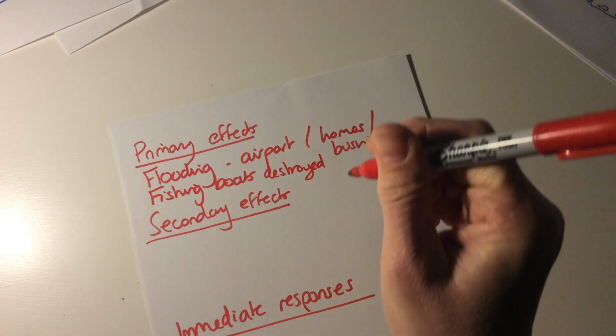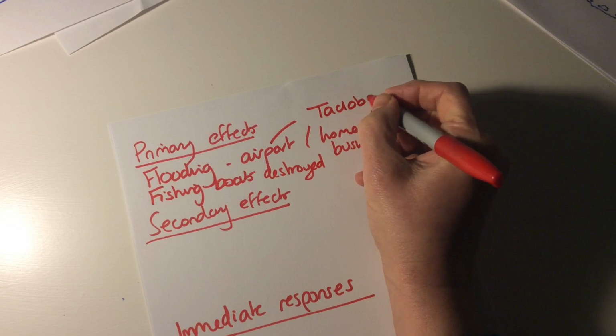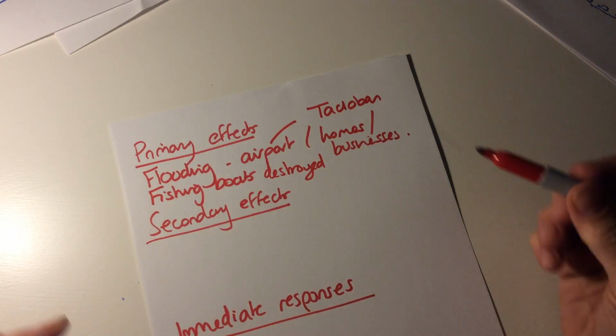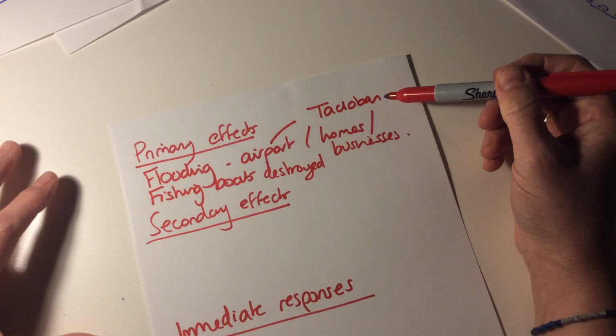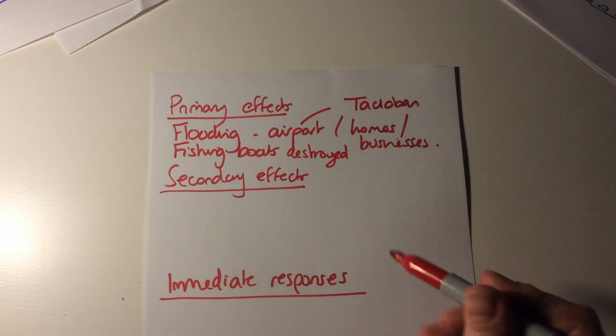So those are specific, and you want to be mentioning the name of the city, which is Tacloban. Okay, there were many other areas affected, but Tacloban city was right in the middle there. It's very badly affected.